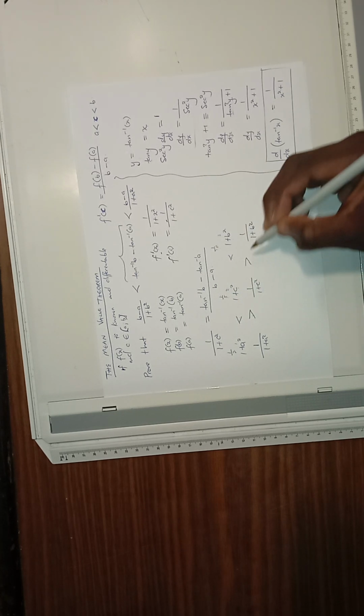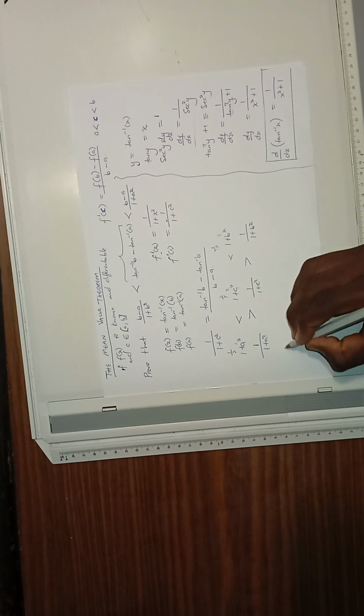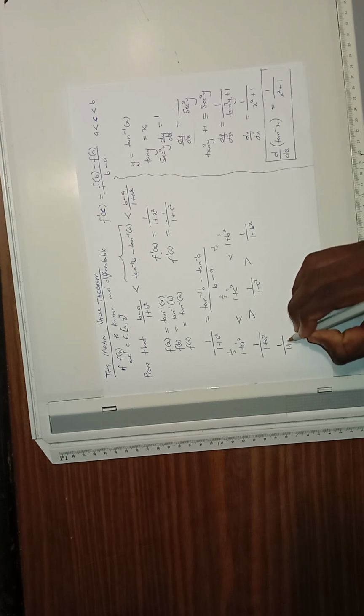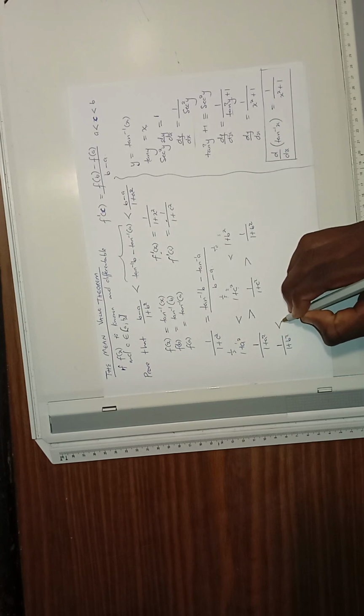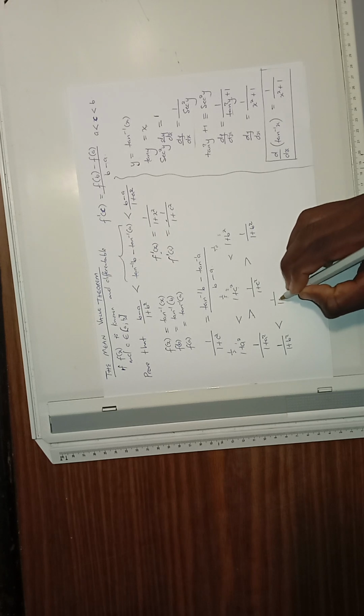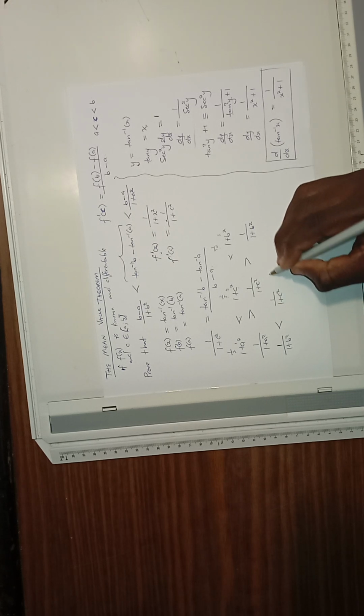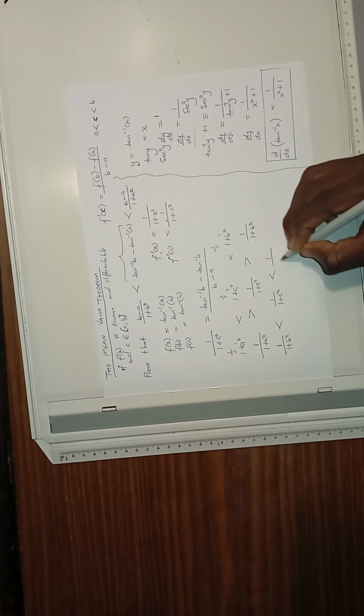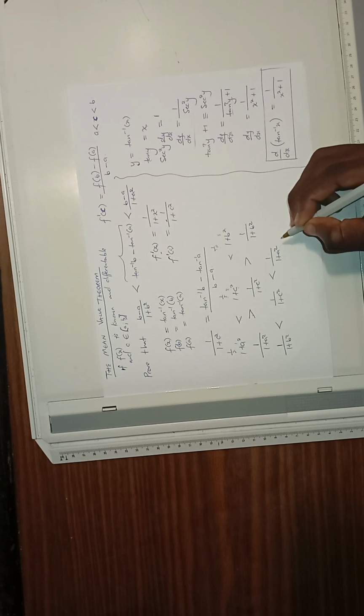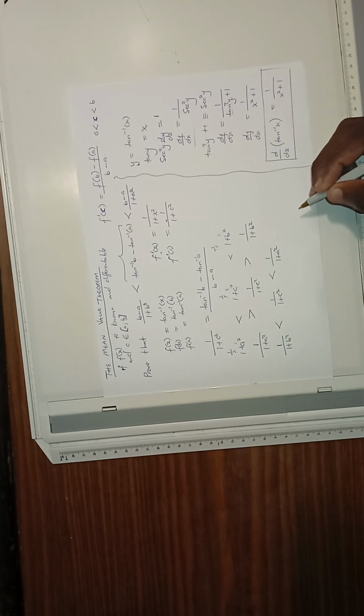So the sign goes like this. Then we rewrite this: 1 over 1 plus b squared is less than 1 over 1 plus c squared is less than 1 over 1 plus a squared, like this.